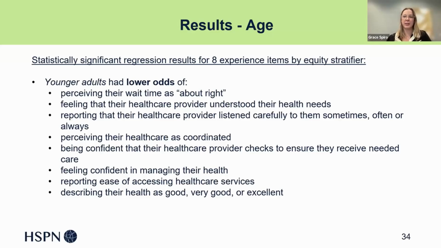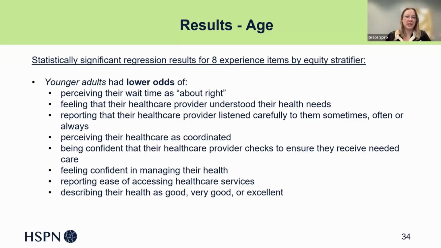There existed a trend across all of the experience and outcome measures included, whereby younger adults reported less favorable experiences. If we look at this specifically, we saw younger adults having lower odds of perceiving their wait time as about right, which we've already shown, feeling their healthcare provider understood their health needs, reporting their healthcare provider listened carefully to them, perceiving their healthcare as coordinated, and so on and so forth. Again, these were younger adults having lower odds of this.